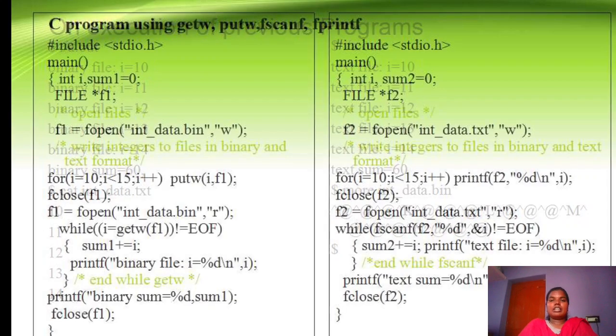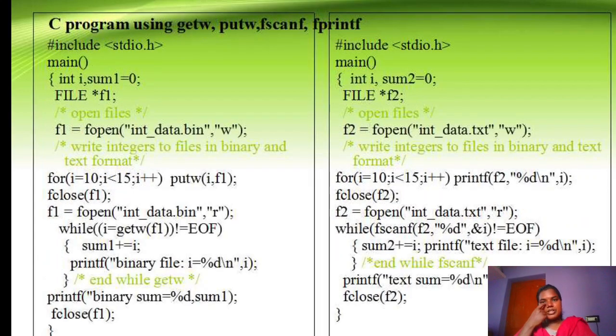Okay. Next is another program, that is #include stdio.h, main, int i comma sum2 is equal to 0 and FILE star f2. Now opening the file, that is f2 is equal to fopen intdata.text comma in write mode. Here we need to write to the file, that is write integers to the file in text format.